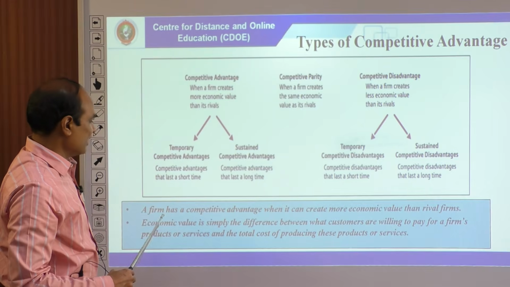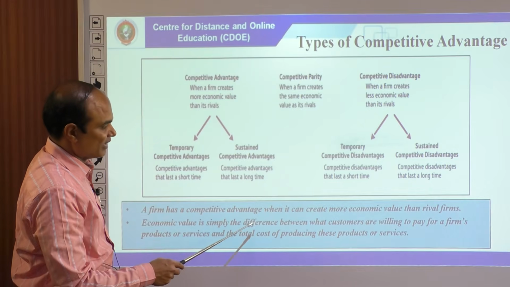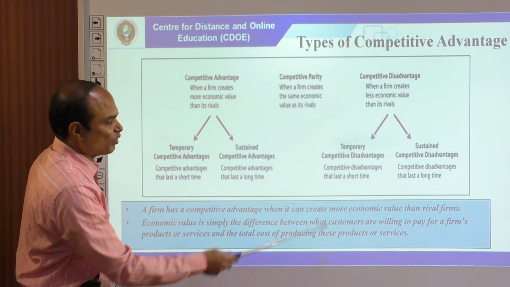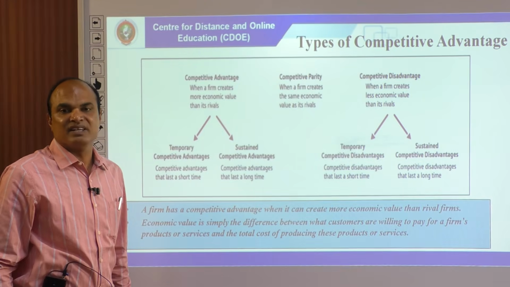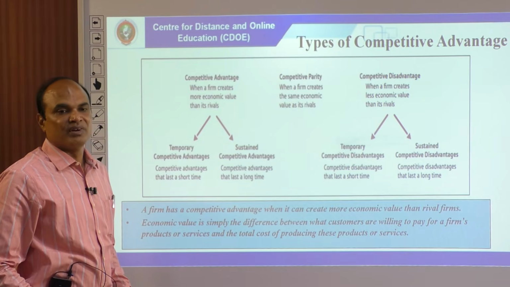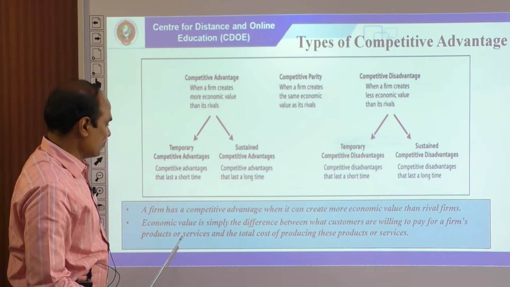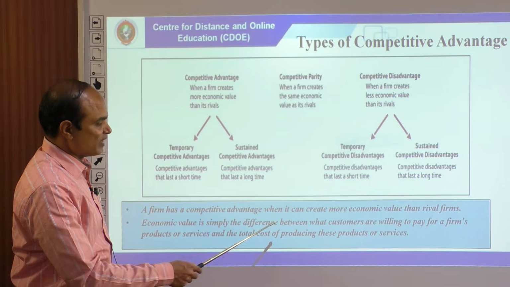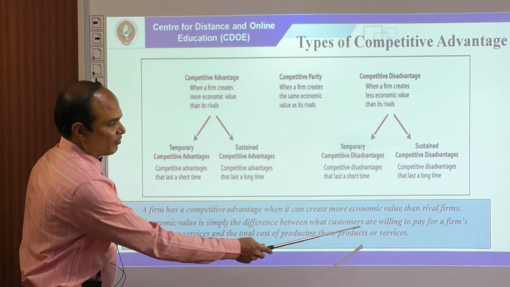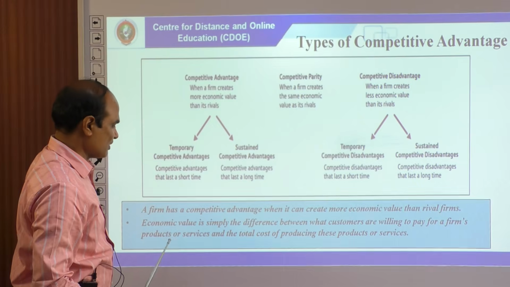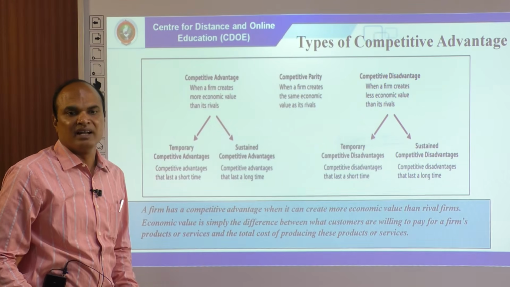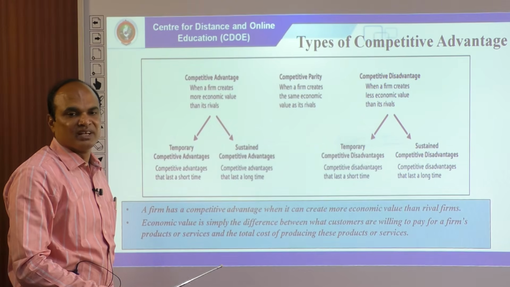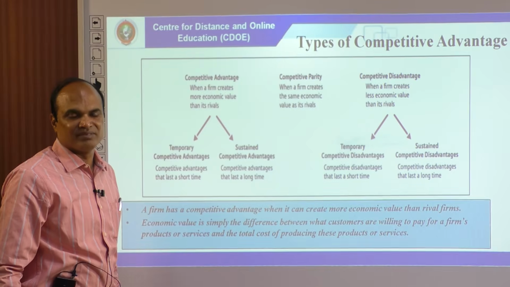So, therefore, a firm has a competitive advantage when it can create more economic value than its rival firms. Economic value is simply the difference between what customers are willing to pay for a firm's products or services and the total cost of producing these products or services.